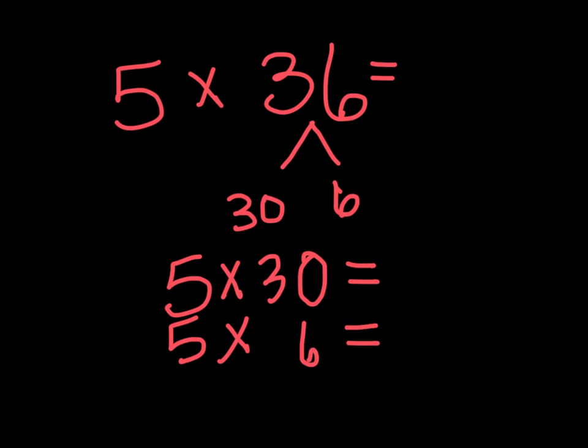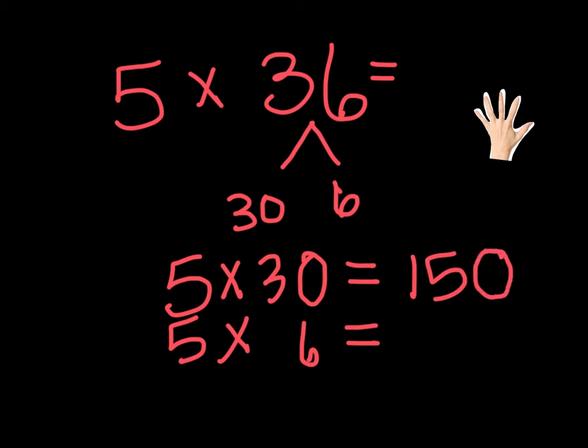Now solve. Cover up your 0 in the 30. 5 groups of 3, 15. Don't forget to bring that 0 back. And then 5 groups of 6. Remember to use a strategy if you're not sure.